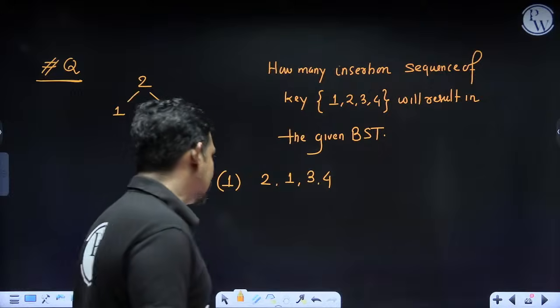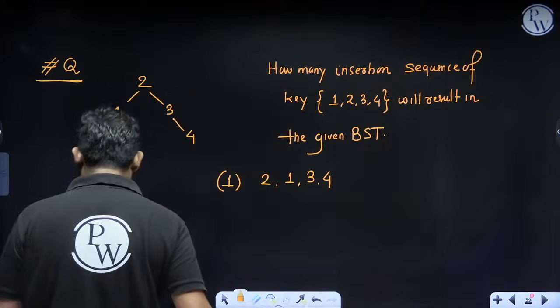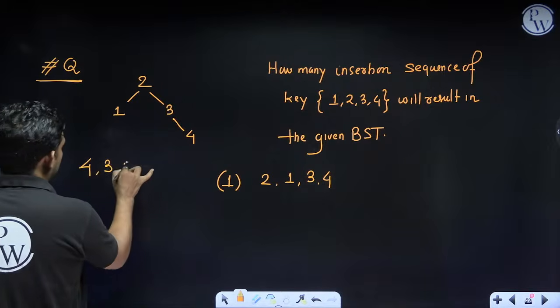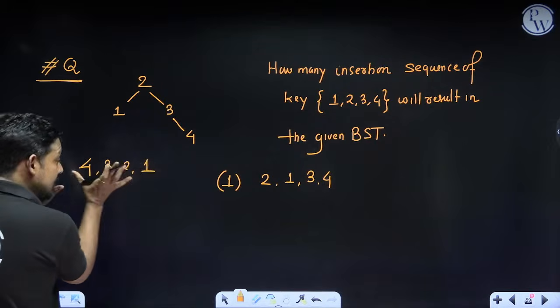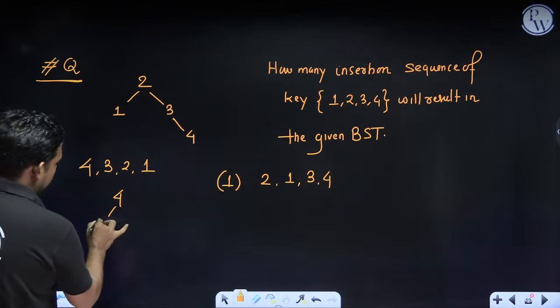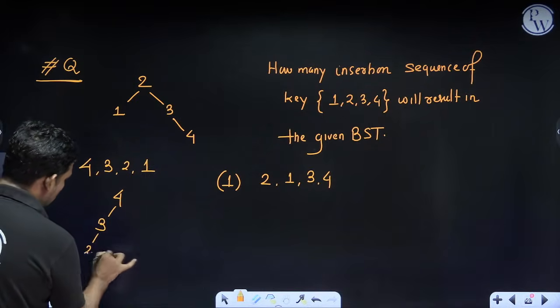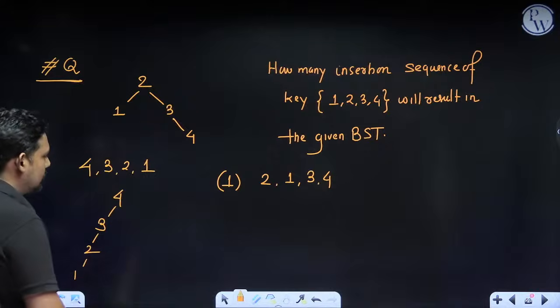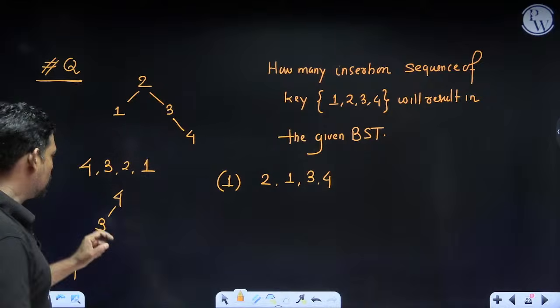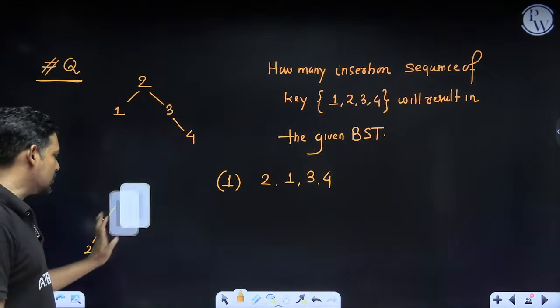For example, 4, 3, 2, 1 is also possible in factorial 4, but then it will be 4, then 3, then 2, and then 1. So not possible. Factorial 4 is not the correct answer.